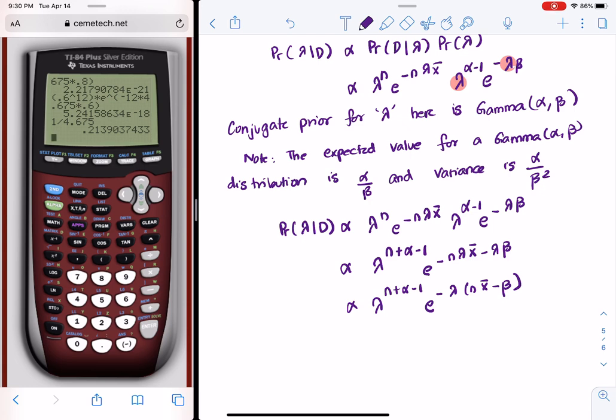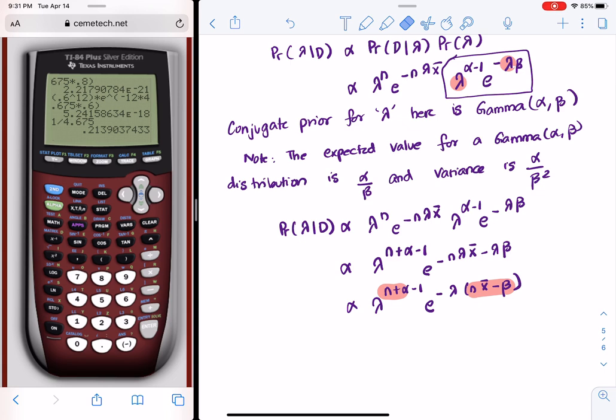If we observe closely, we can see that this looks very much similar to a gamma distribution. The original gamma distribution was right here. You can see lambda is the variable, the power was alpha minus 1, and we had e raised to minus lambda beta.